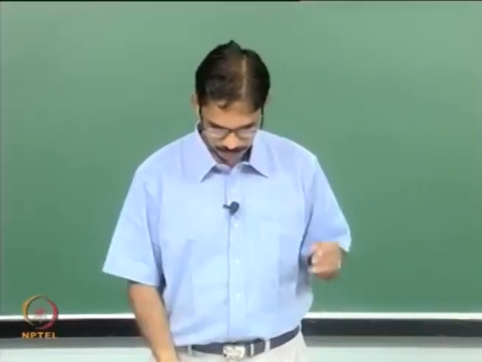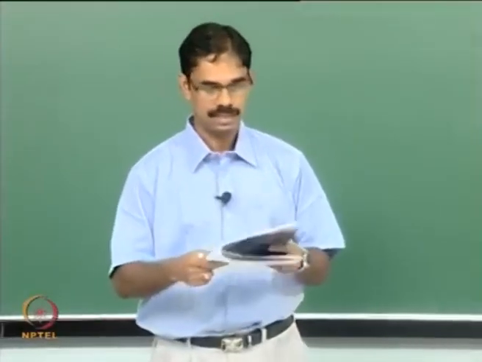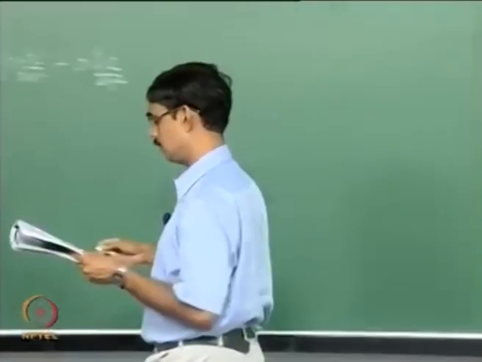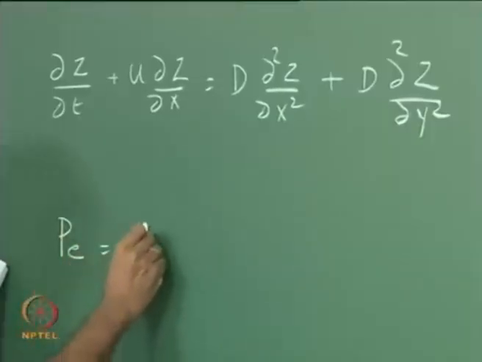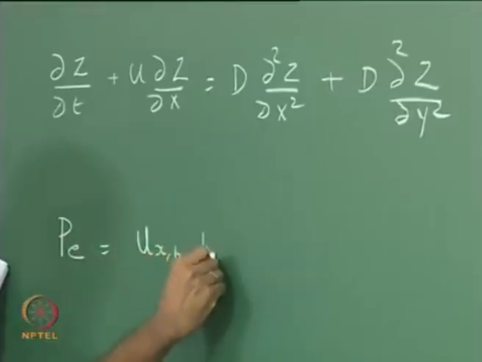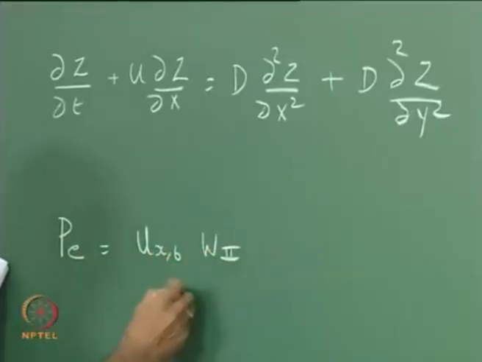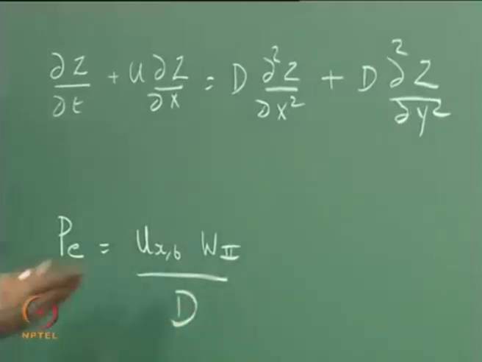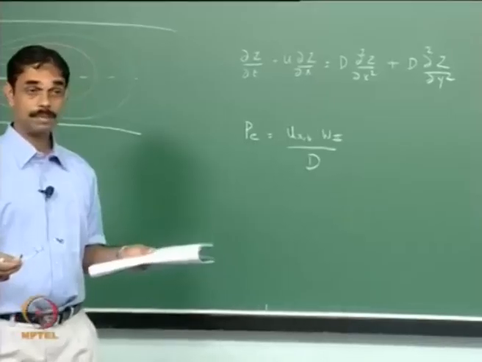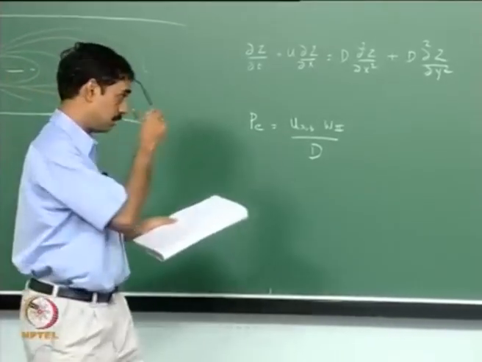time scales or two non-dimensional numbers associated with this. One is the Peclet number, which is u_x,0 W2 over D. This is like the Reynolds number, convection over diffusion, but the Reynolds number deals with momentum transport, here we are looking at mass transport.